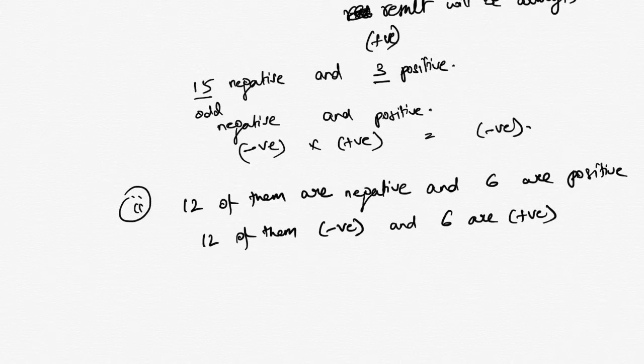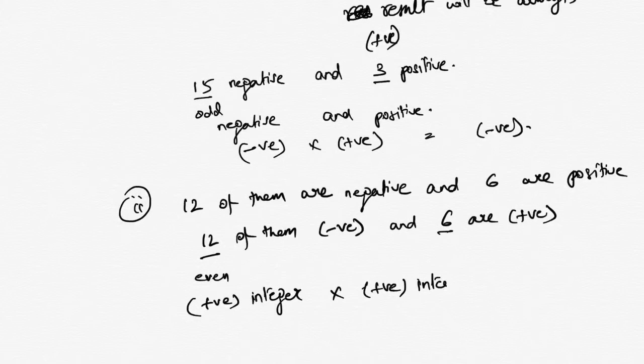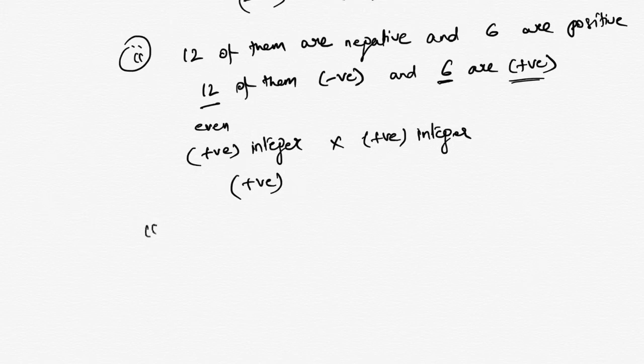So 12 is even, so it is positive integer, into 6 is also positive integer, because remember I told you whether it be 6 or 10 or 5, odd number doesn't matter, positive is always positive. Okay, so now positive into positive is positive. The answer is positive.